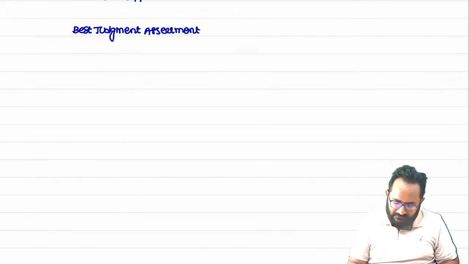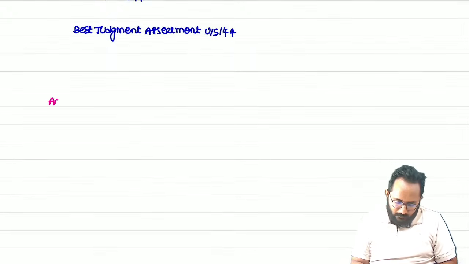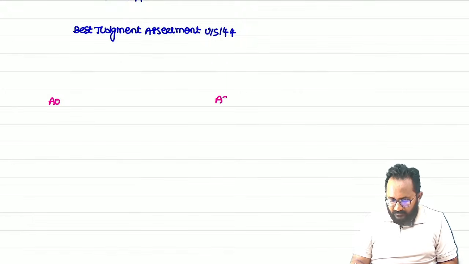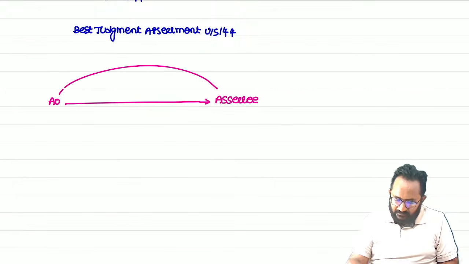The section number for this is 144. Okay, the best judgment assessment is done. After completion of the assessment, the AO will send the assessment order, the best judgment assessment order.